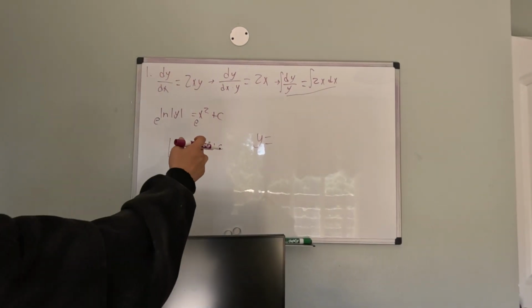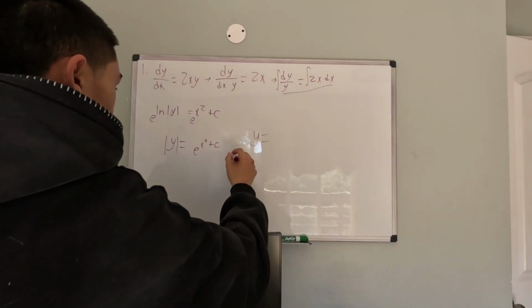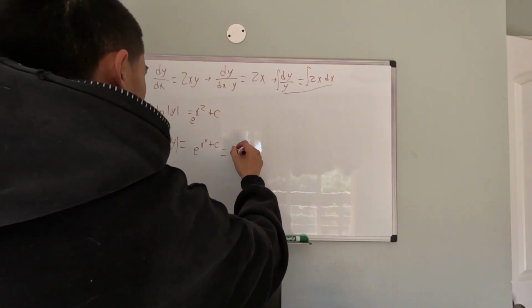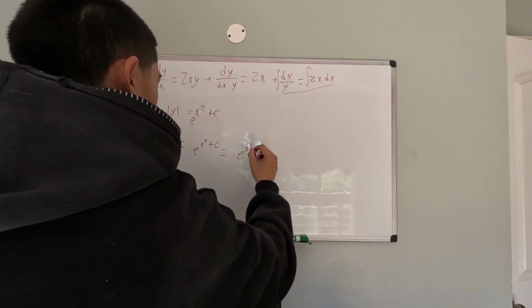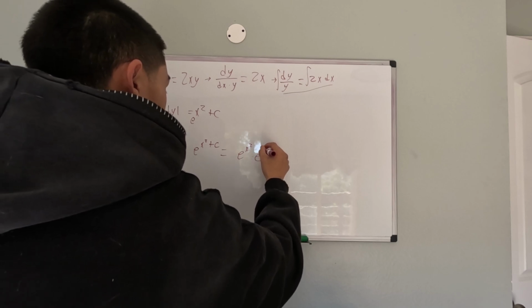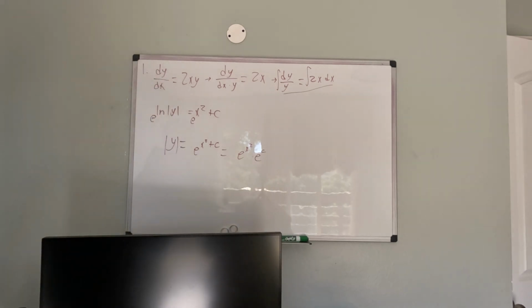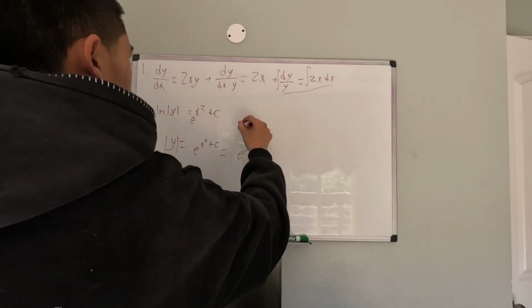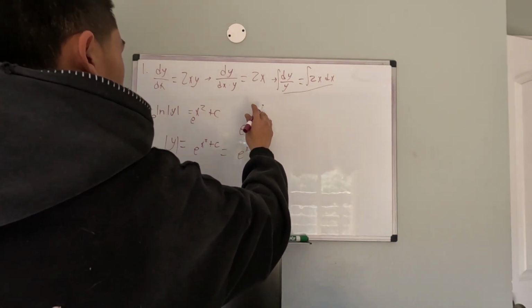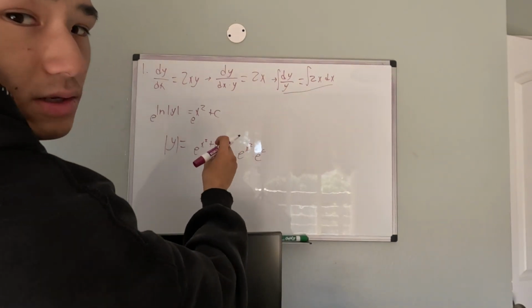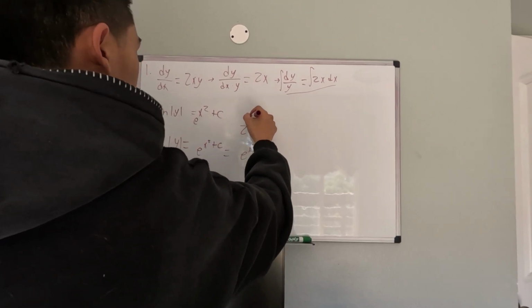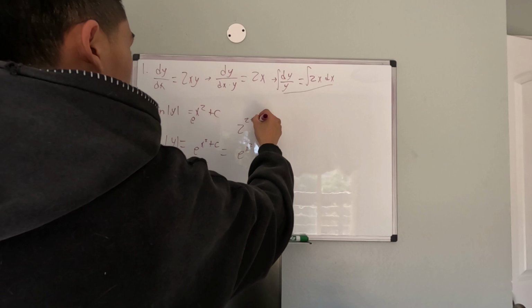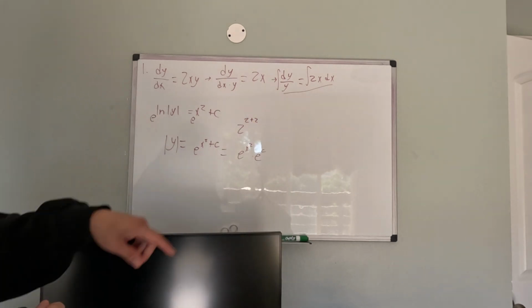And then, those of you that could see, this right here, I'll erase that. This equals e to the x squared times e to the c, right? Because, we'll do something simpler. We have 2 to the 2 plus 2. What does this equal?